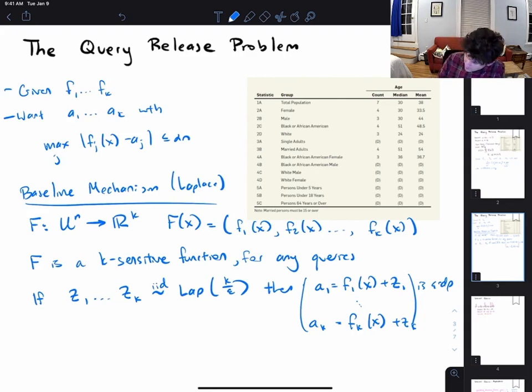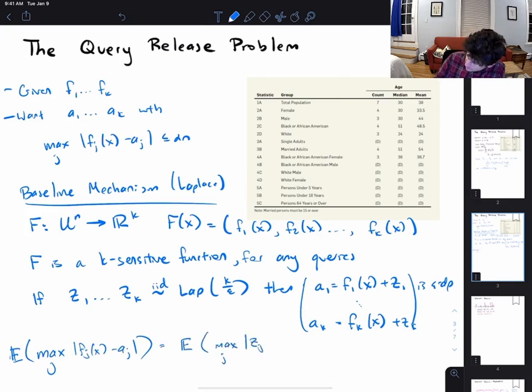And now the max error in expectation is just the maximum of the Laplace variables, which is order 1 over epsilon times k log k.